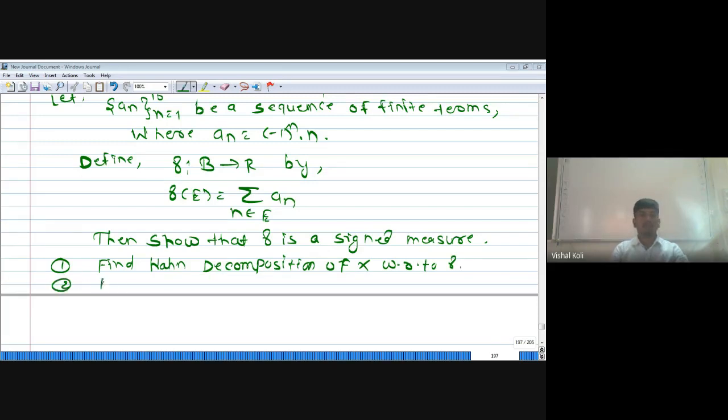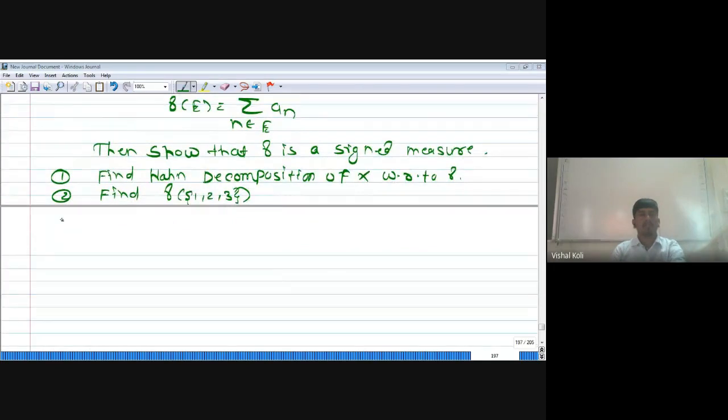Second one, find gamma of {1, 2, 3}, the signed measure of this set, and last one, what are the null sets with respect to gamma.